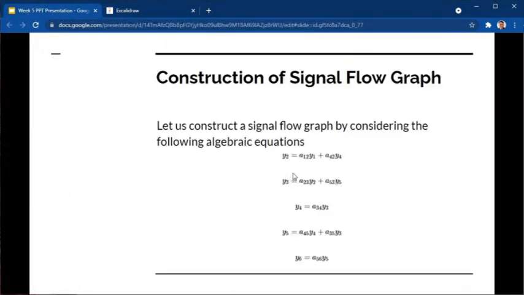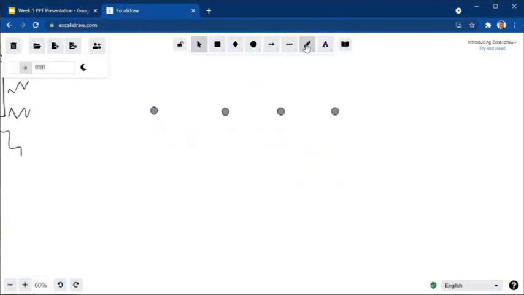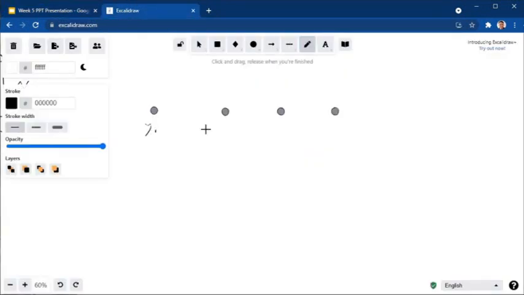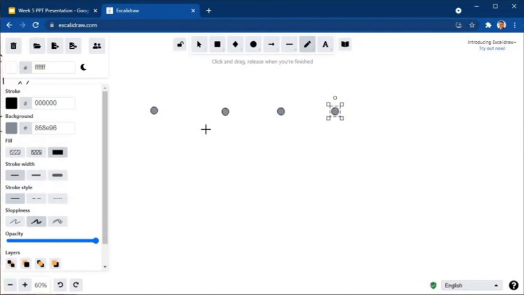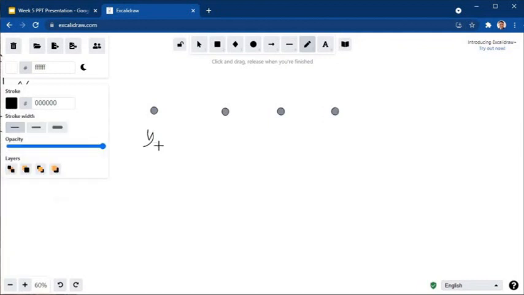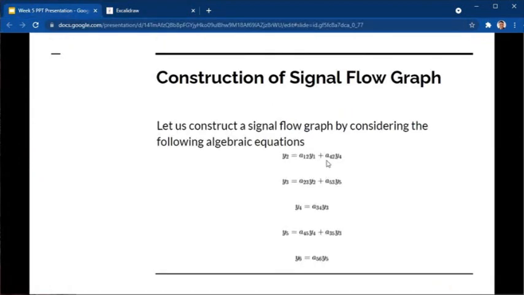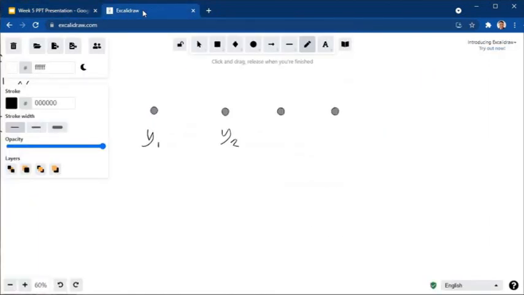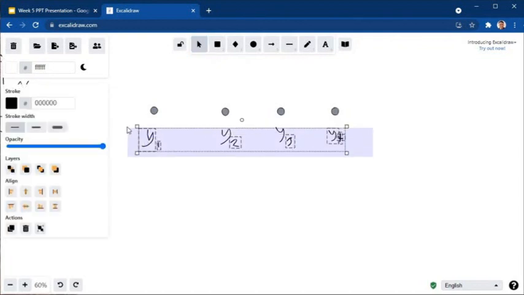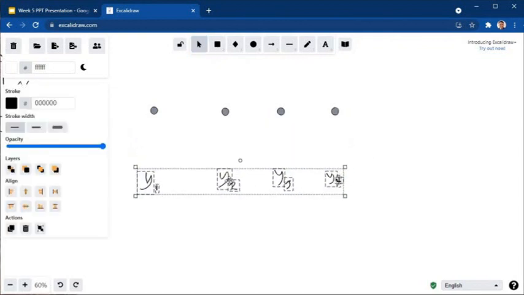So let's call this y sub 1, y sub 2. This is where the 4 came from, y sub 4. So there must be y sub 3, of course. And then y sub 4. Maybe we can lower down the names.